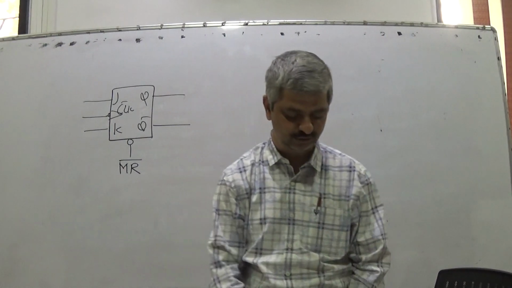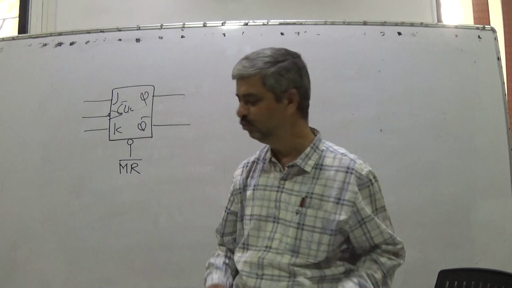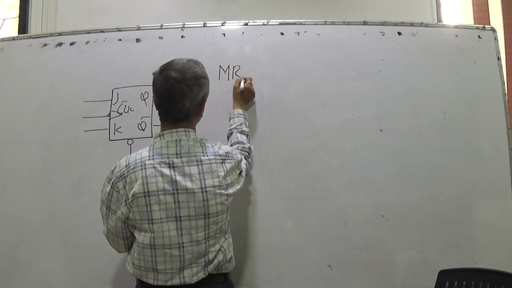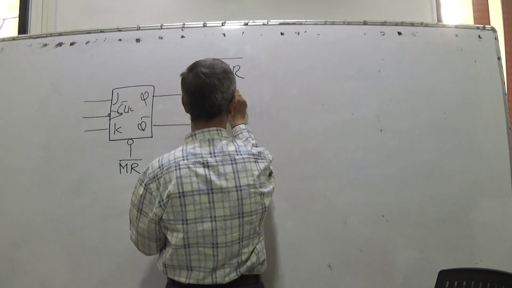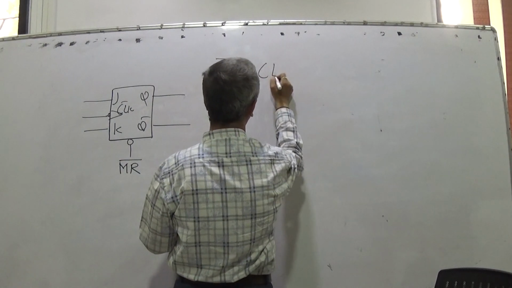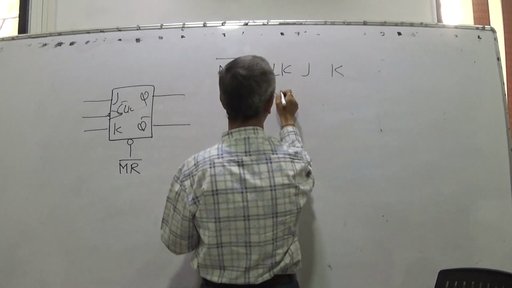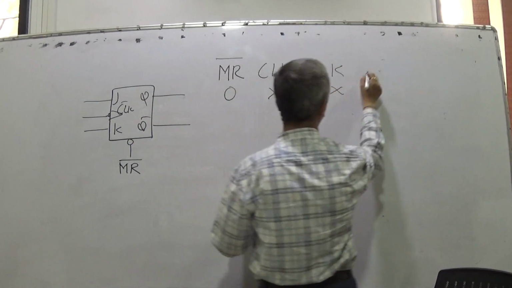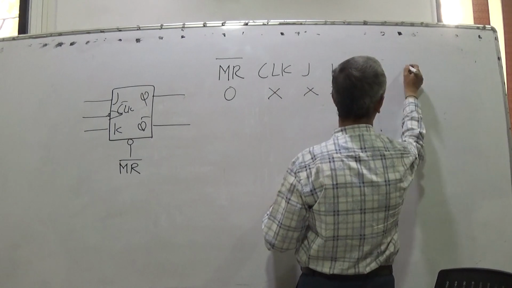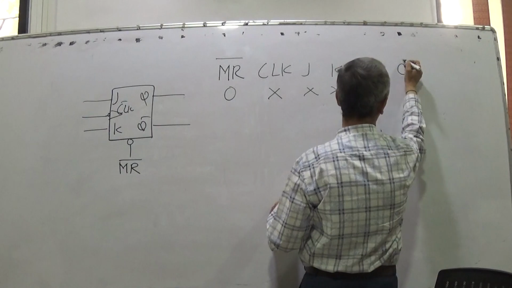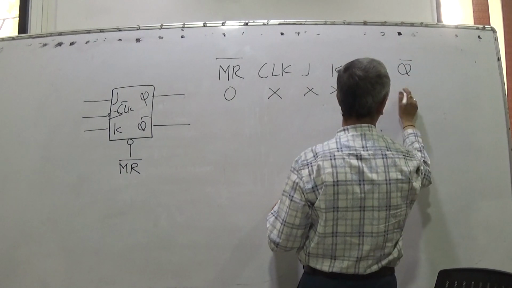The master reset input is active low. So when it is 0, all other pins are not checked. They can be anything, nothing happens. Q becomes 0 and Q bar, I use Q dash, but let it be Q bar, becomes 1.